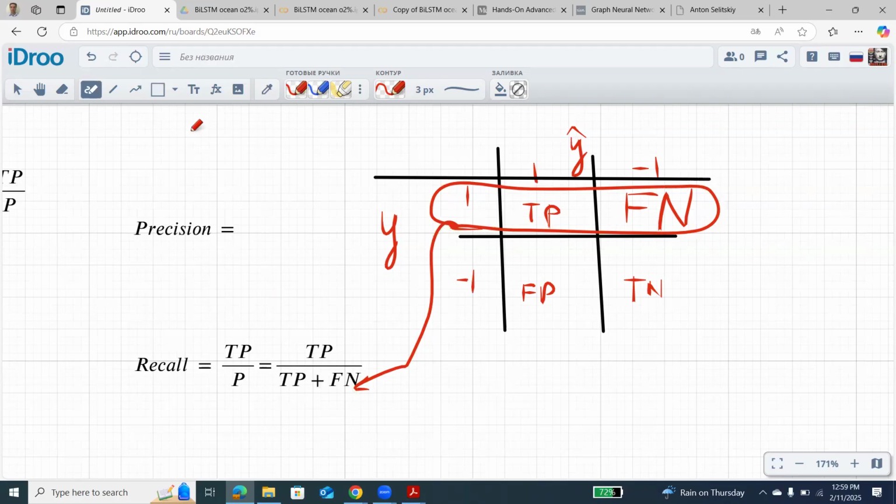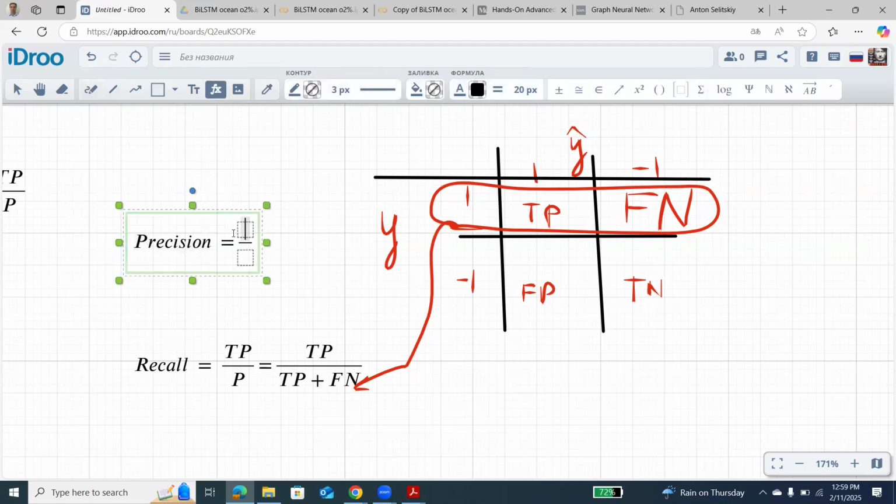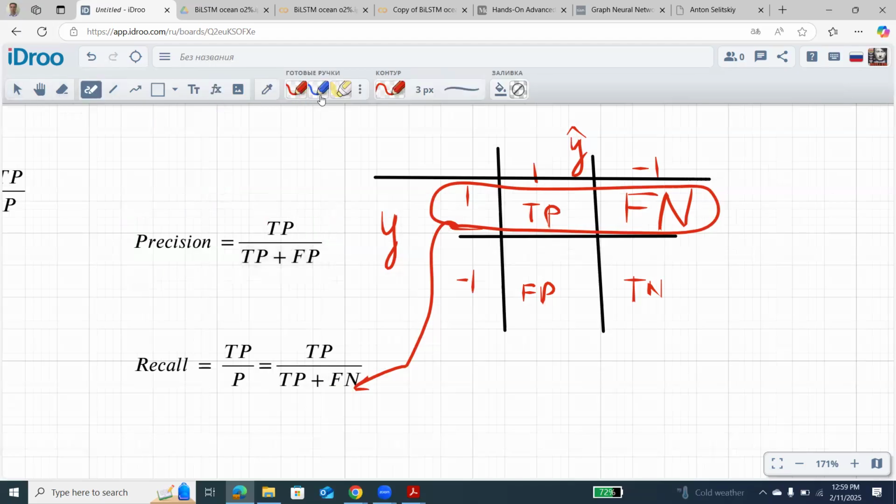For precision, we divide the true positives by the total number of points that our model predicted as positive. So it means we divide by true positive plus false positive. And if you look at the table, it will be this column.